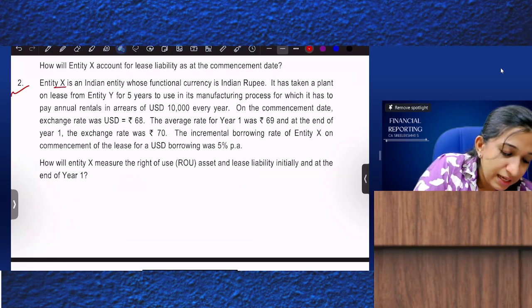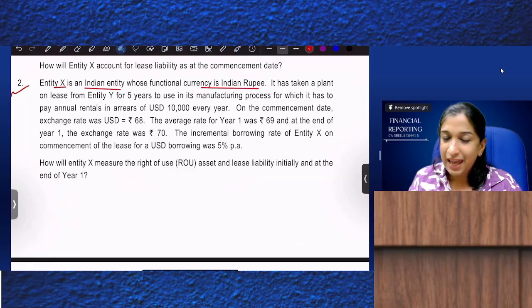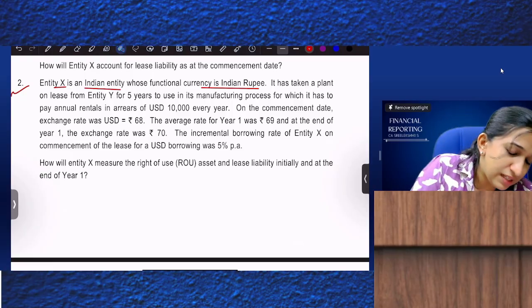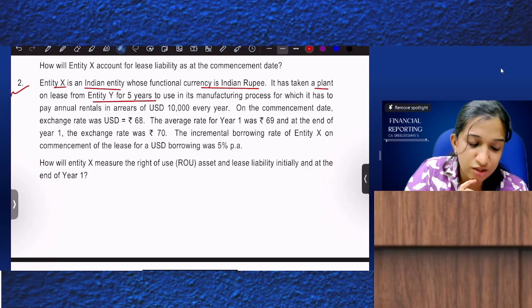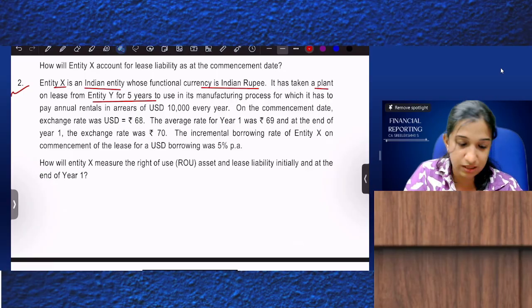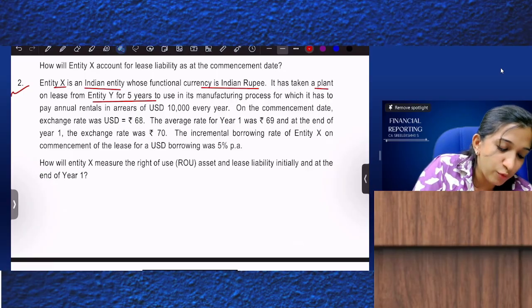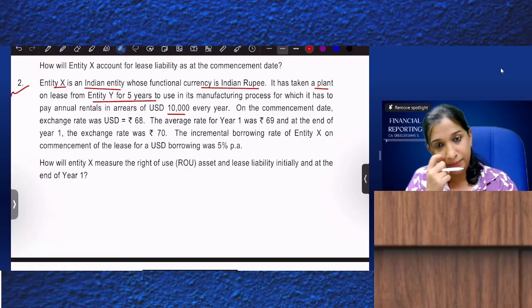Entity X is an Indian entity whose functional currency is Indian rupee. It has taken a plant on lease from entity Y for 5 years to use its manufacturing processes, for which it has to pay annual rentals of 10,000 every year.